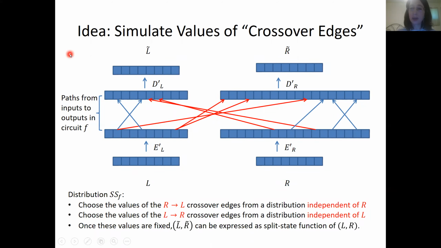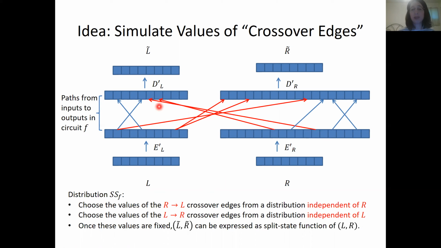The first thing to note is that our tampering experiment is itself already somewhat close to a split state function. Most of the functions here are acting either only on the left or only on the right. The only thing that's messing us up is these crossover edges from right to left and from left to right. What we want to show is that we can sample the values of these crossover edges. The value of the nodes that these edges are adjacent to, we can sample from a distribution that is independent.